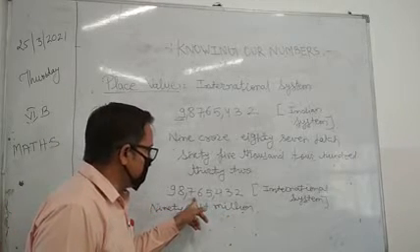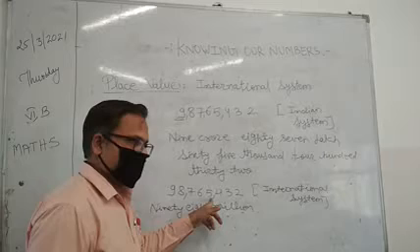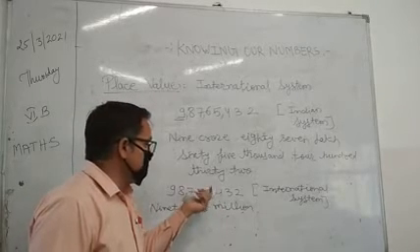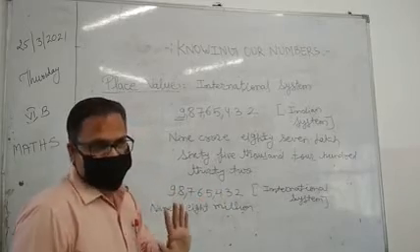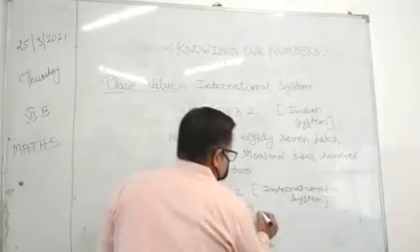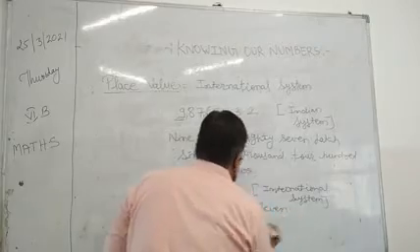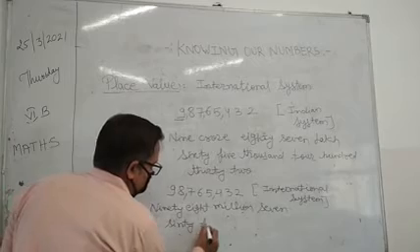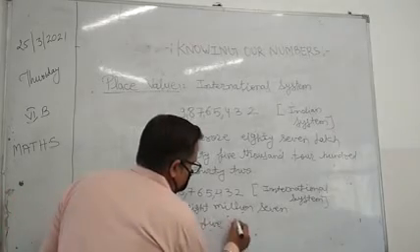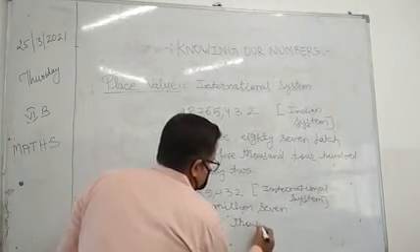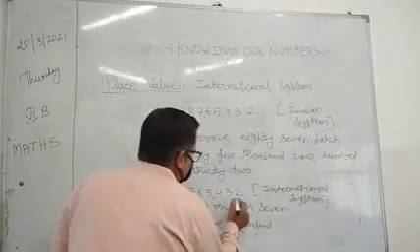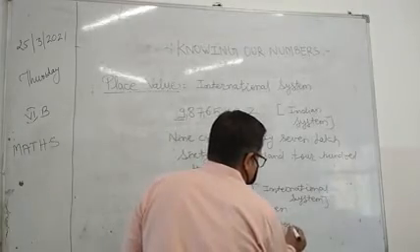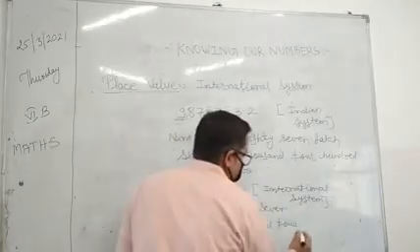After that we have got 765. So how will we write? 765,000. Okay, so we will write 765,000 and after that what remains? 432.